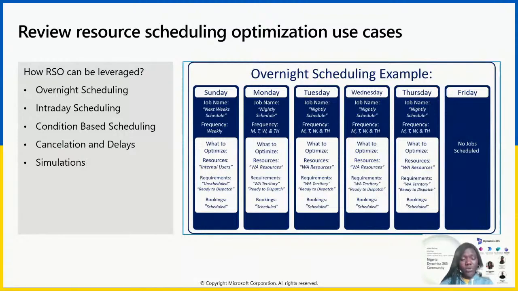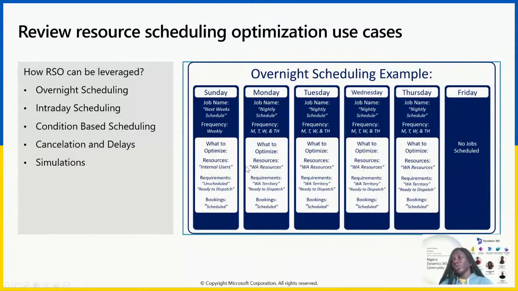An organization would create a nightly or even a weekly schedule based on what they want to optimize. And each schedule job has an attached record scope that defines resources, requirements, and bookings to optimize. When that schedule job is executed, it optimizes all items that are in the scope.